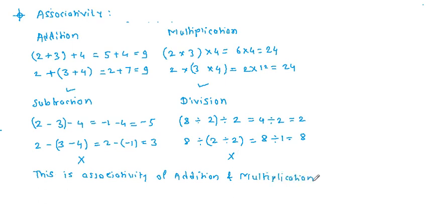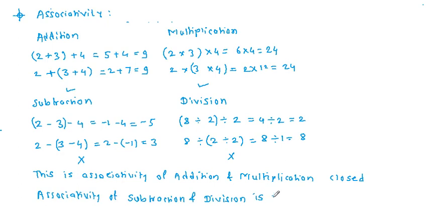So this property is very useful while solving the examples, because if we can add or multiply using this property, the examples calculation gets easier. But for subtraction and division we cannot use this property, because it is not true for subtraction and division for whole numbers.